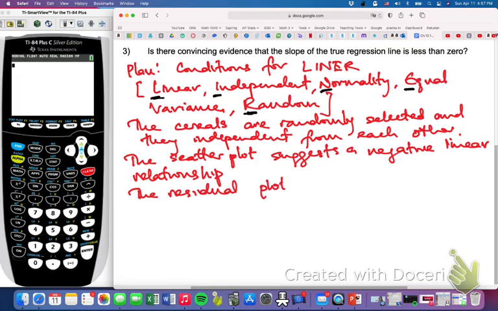Now, the next one is that you got to use the residual plot, right, which is provided. The residual plot does not display a distinct pattern.